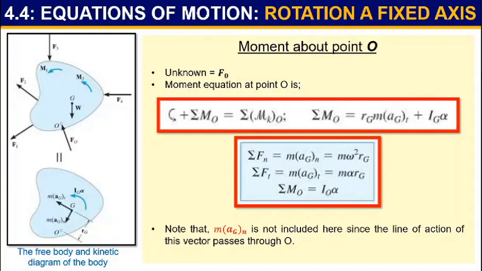Fn equals M AGN equals M omega squared RG. Ft equals M AGT equals M alpha RG. And then MO equals IO alpha. Note that MAGN is not included here since the line of action of this vector passes through O.